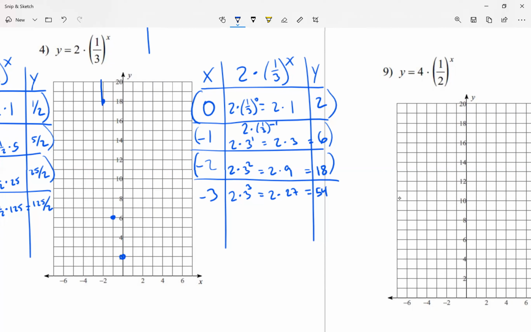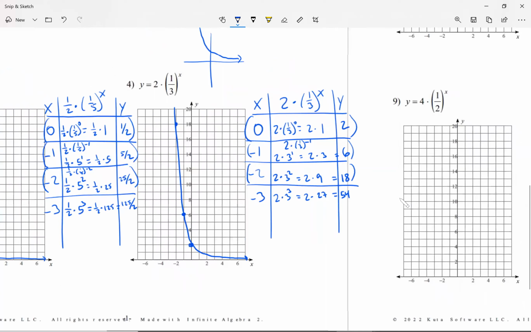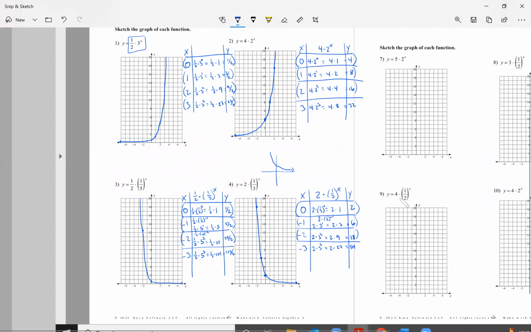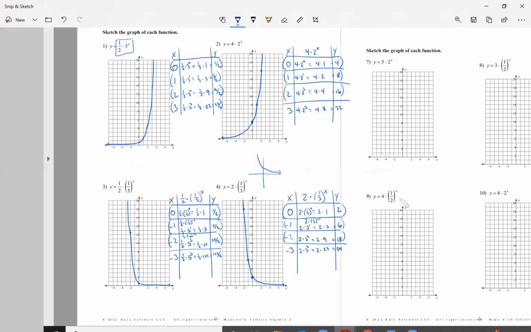So it looks like this, which is what I was expecting, right? I said I want a graph that's going down. That's what I expected. So yeah. Again, notice that in my graphs, I was counting by ones. In your choices on your homework, each square, I'm counting by 2s. So be careful on that.